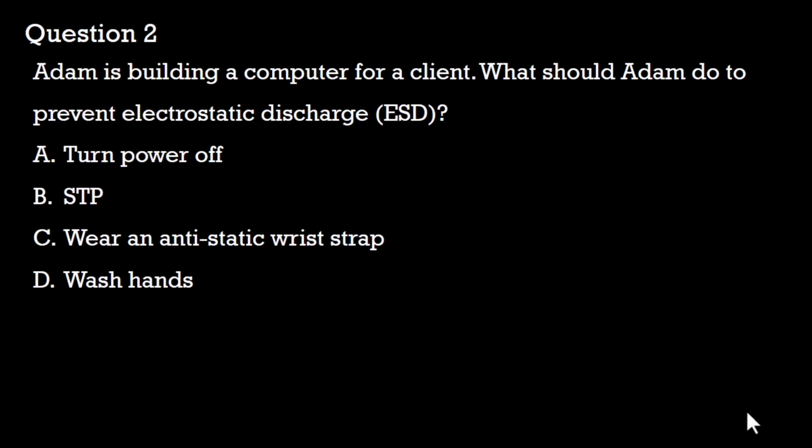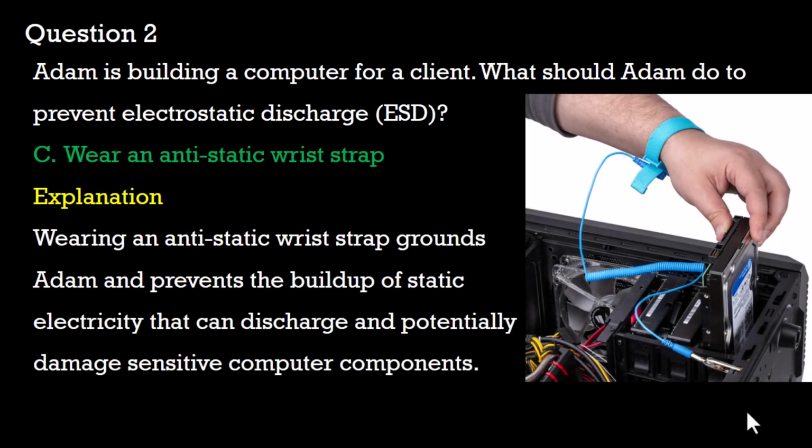So the first thing in this scenario that Adam should do would be to wear an anti-static wrist strap. Wearing this will ground Adam and prevent the buildup of static electricity that can discharge and cause harm and damage to the sensitive computer components. Turning off the power is important for safety, however, it does not prevent ESD.